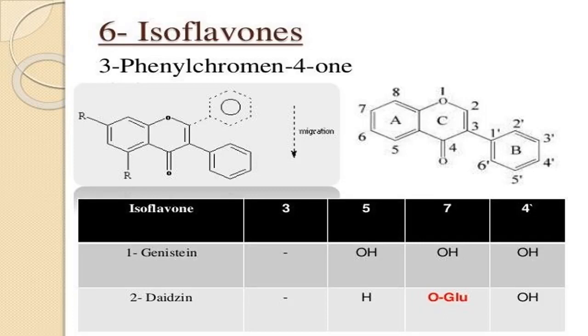At the 3 position there is nothing attached. For genistein, at the 5th position there is a hydroxyl group, the 7th position also has a hydroxyl group, and the 4' position also has a hydroxyl group. Then in daidzin, at position 5 there will be hydrogen, then at 7 an O-glucose linkage, and at 4' a hydroxyl group. So this is the daidzin structure.